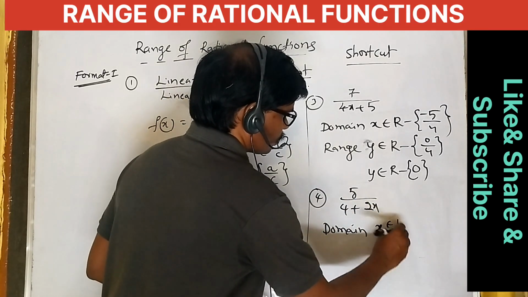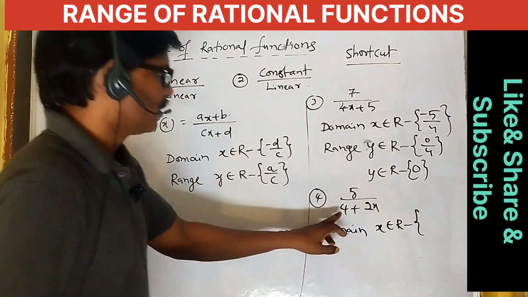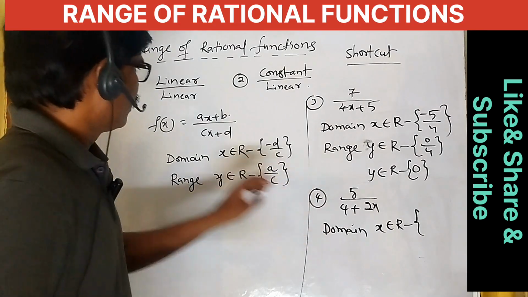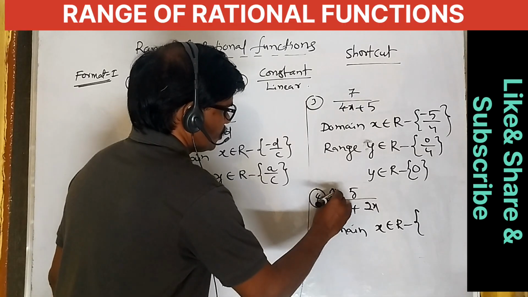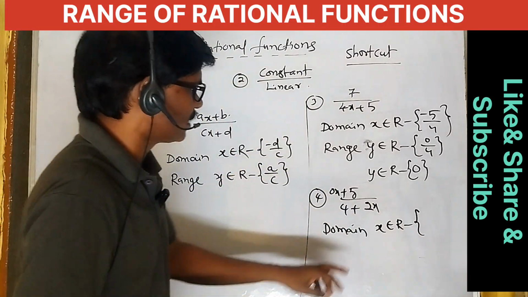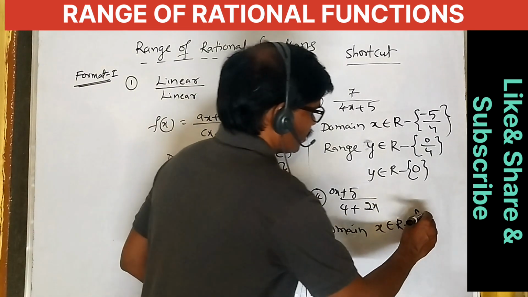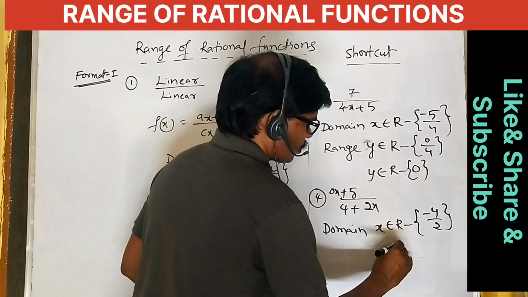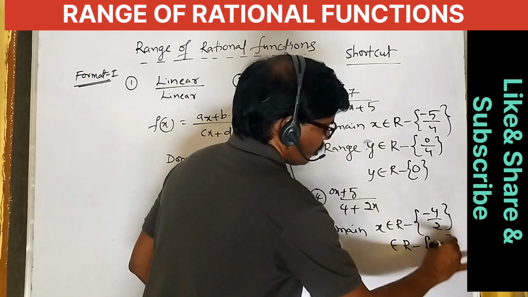Domain x belongs to R minus {-d/c}, from (ax + b)/(cx + d). Here the numerator is 0x + 5. D is 4 and c is 2, so minus 4 by 2. The domain is x belongs to R minus {-2}.